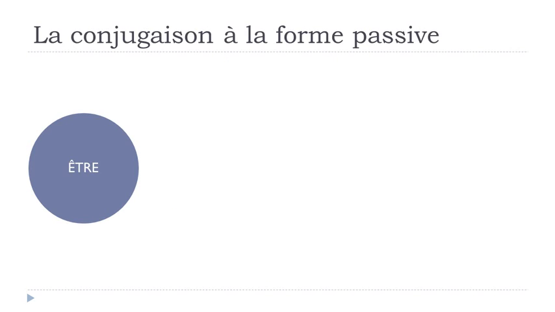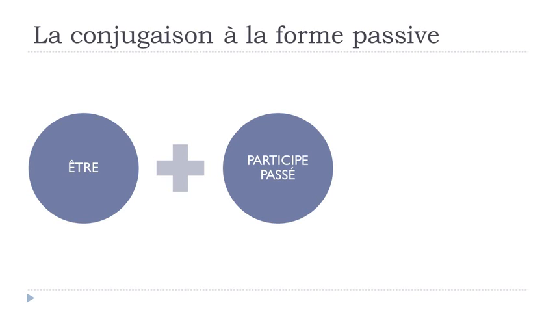So remember that if you want to construct this forme passive, then the first thing will be être, and this verb être will be changed according to whether it's présent, futur, passé composé, etc. And then after that, you will put the participe passé form, okay, to get your passive form, all right?